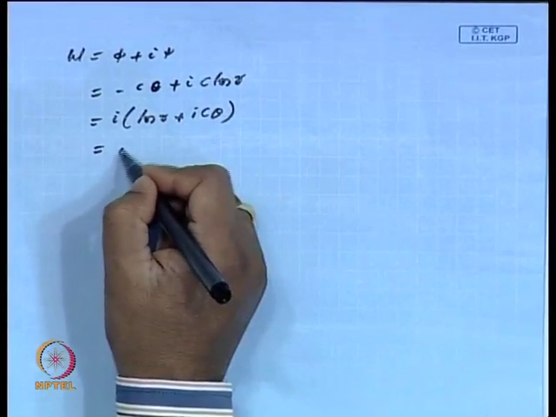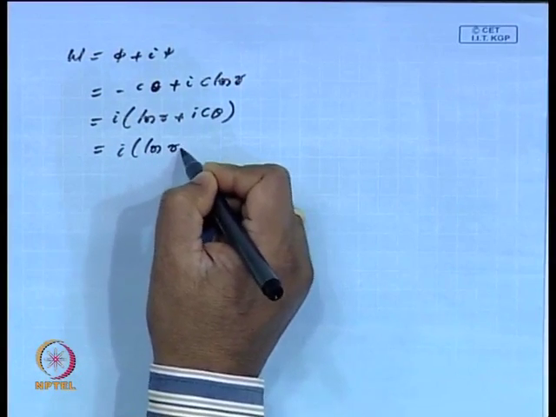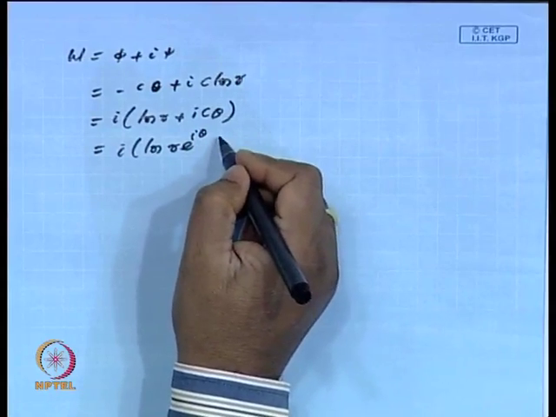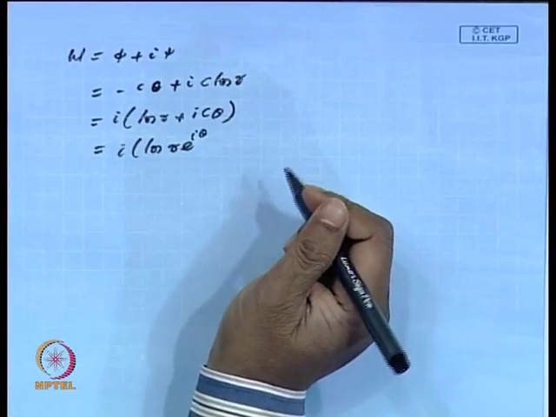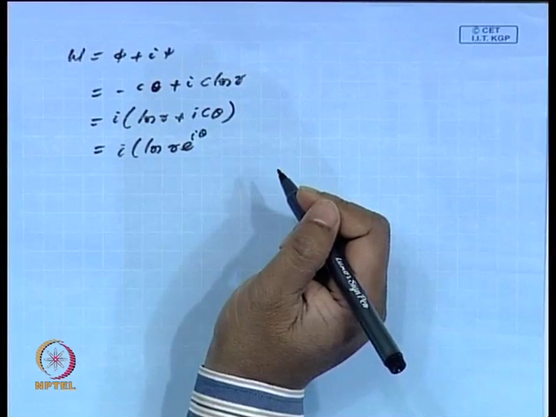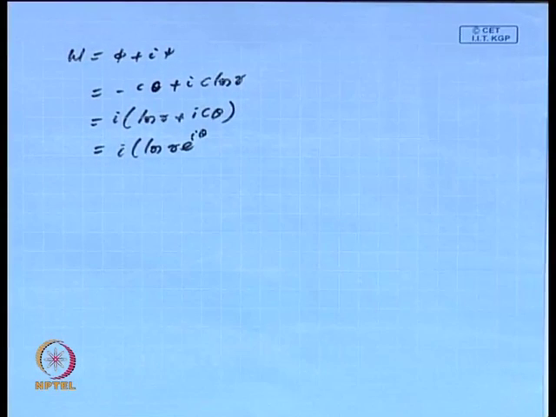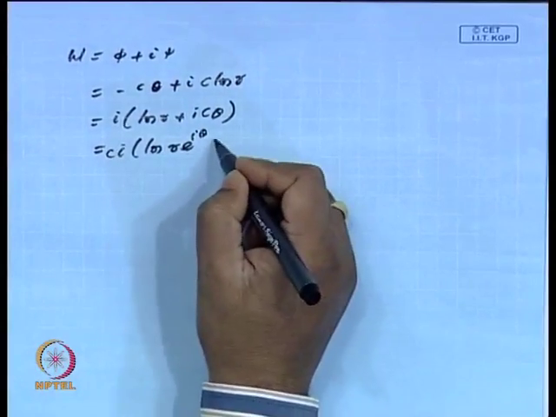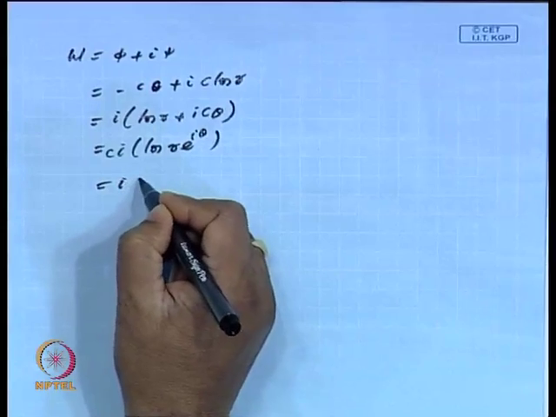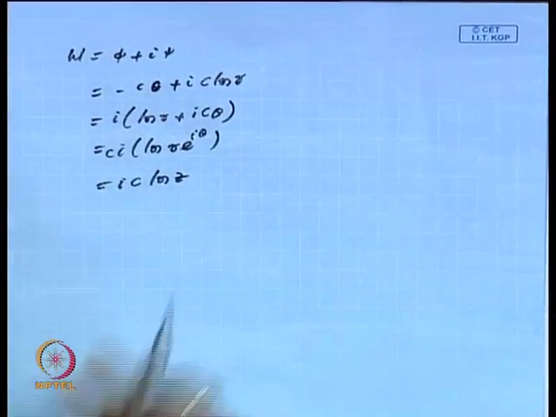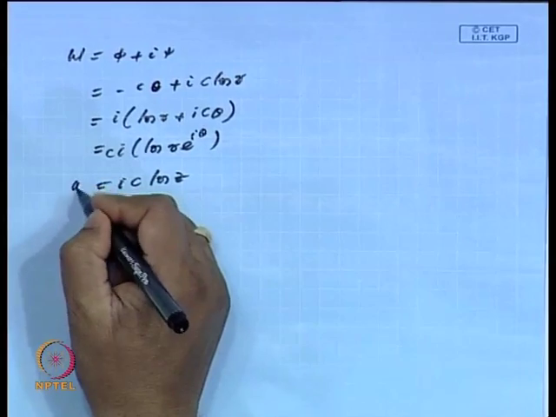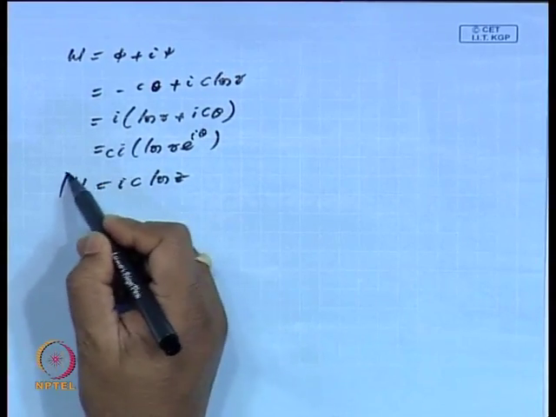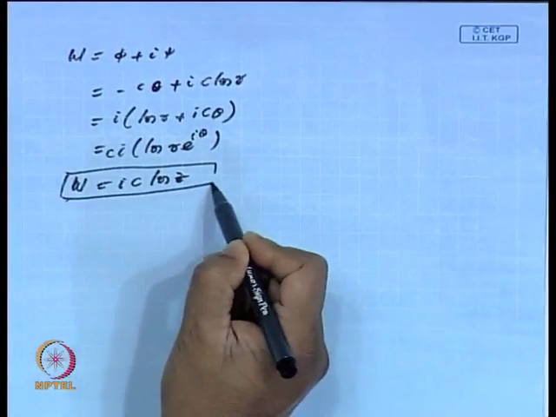So, that will give me i c times log r e to the power i theta, that is i c log z. So, my w becomes, this is the complex potential, i c log z.